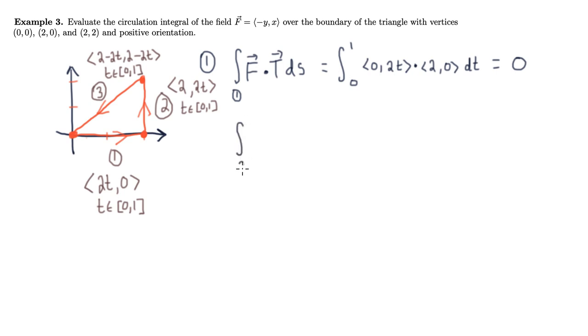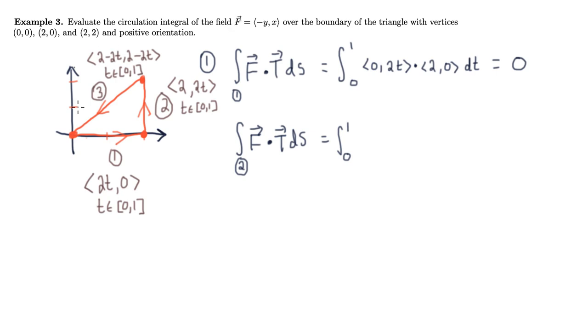The second piece is again just going to be f dotted with the tangential direction, ds. Remember that's actually just f evaluated at the parameterization dotted with the derivative of the parameterization, dt. So again, it's 0 to 1.